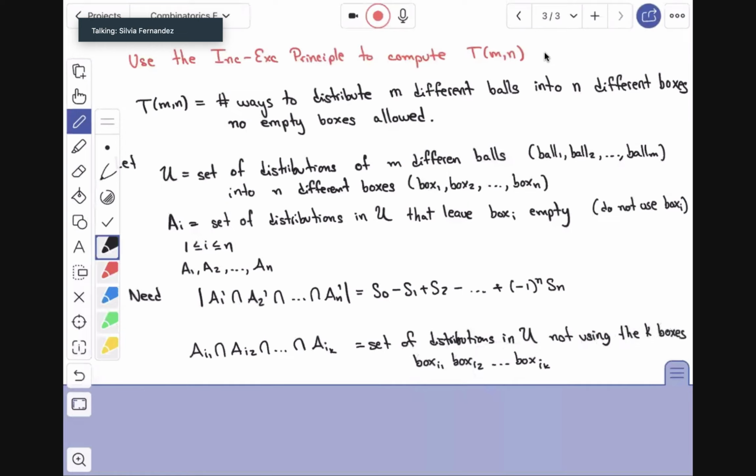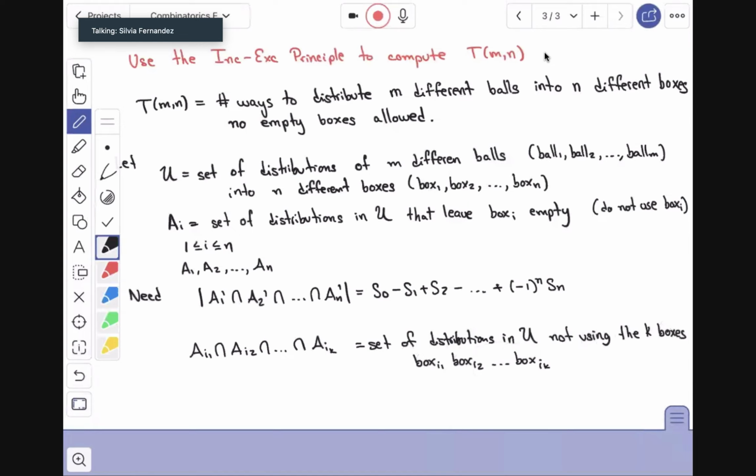And no other restrictions. I'm allowed to use all the other boxes, maybe some of them, not necessarily all of them.